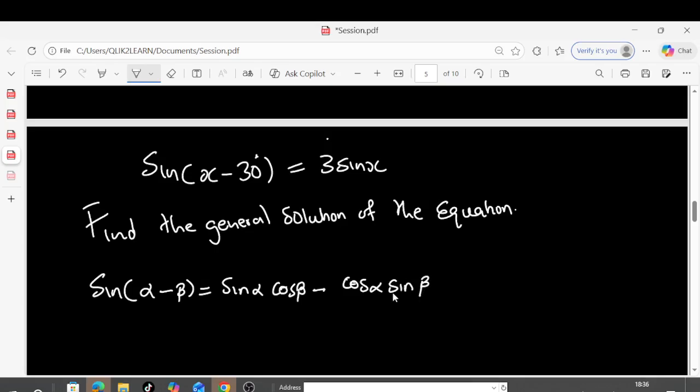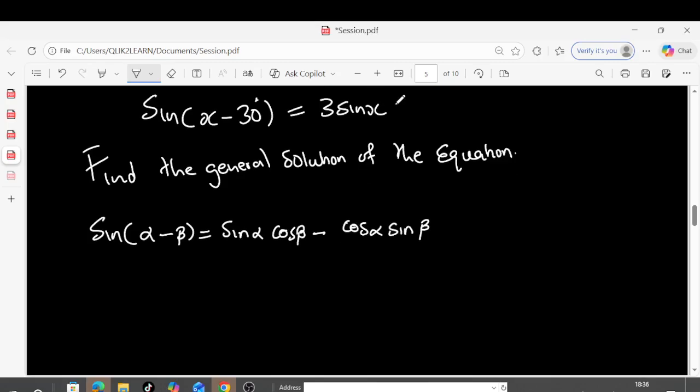So you see, when you work with this, you just have to first check what you have. I have a minus b, so what comes in my mind is a compound angle for the left hand side. Thank you, Surprise. That's very correct. So now this is the sine of x minus 30 degrees.